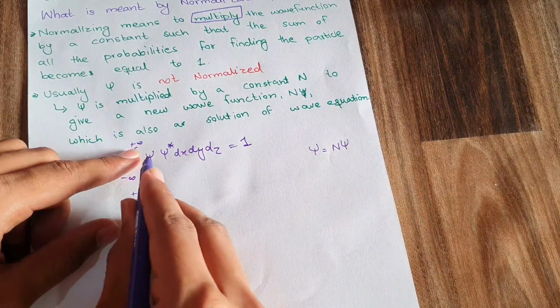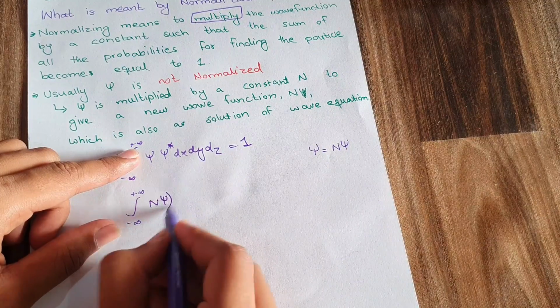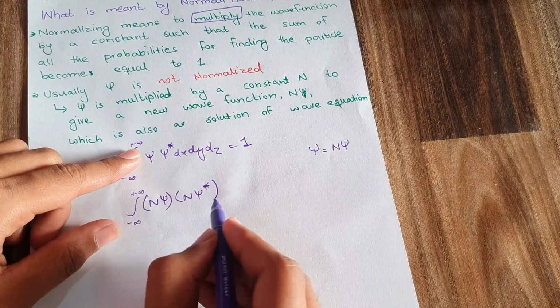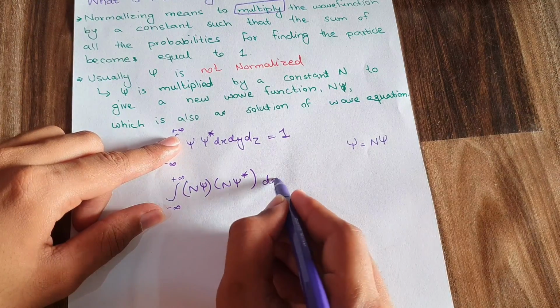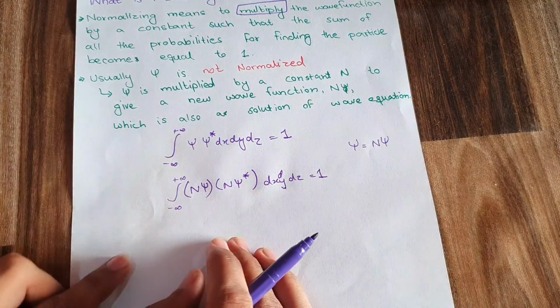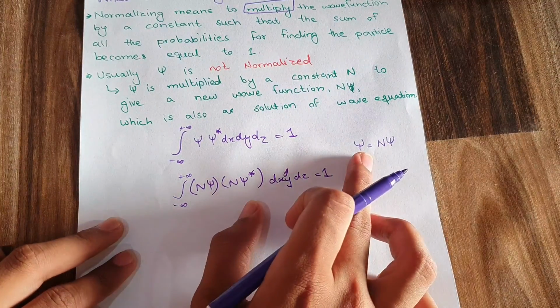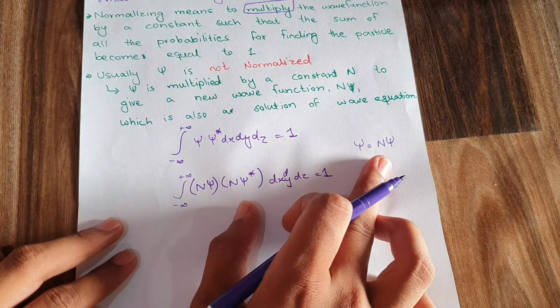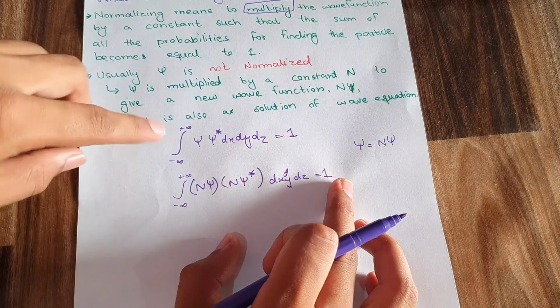So this psi changes into n psi, and this psi star will also change into n psi star, and the integral of dx dy dz will be equal to 1. I have to normalize the wave function in order to get the answer 1.